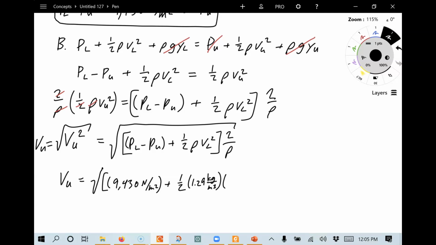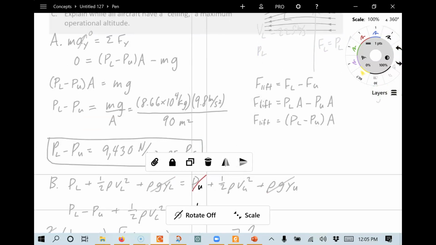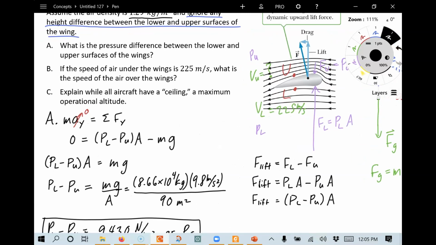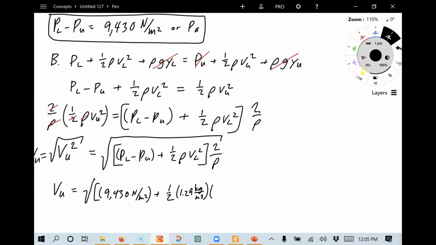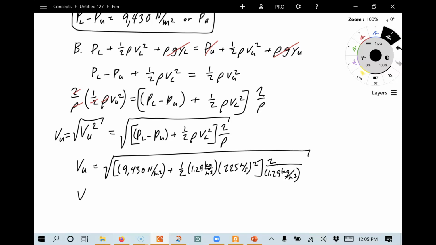Multiplied by V lower, which is the number we were given, 225 meters per second, squared. All multiplied by 2 divided by rho, which is 1.29 kilograms per meter cubed again. So we can go ahead and put that into the calculator.